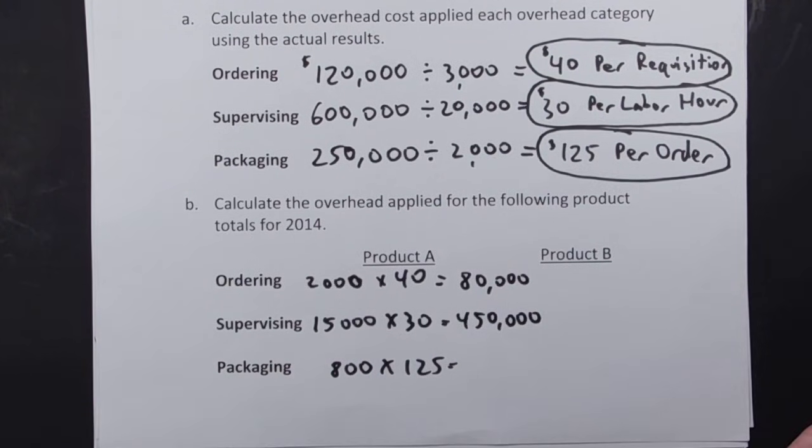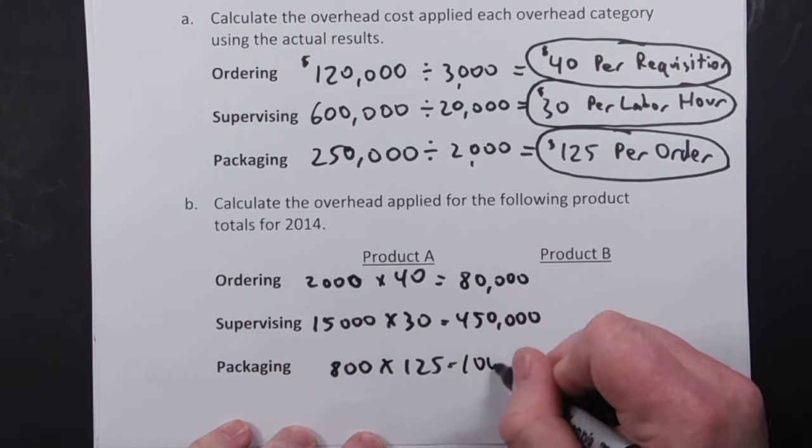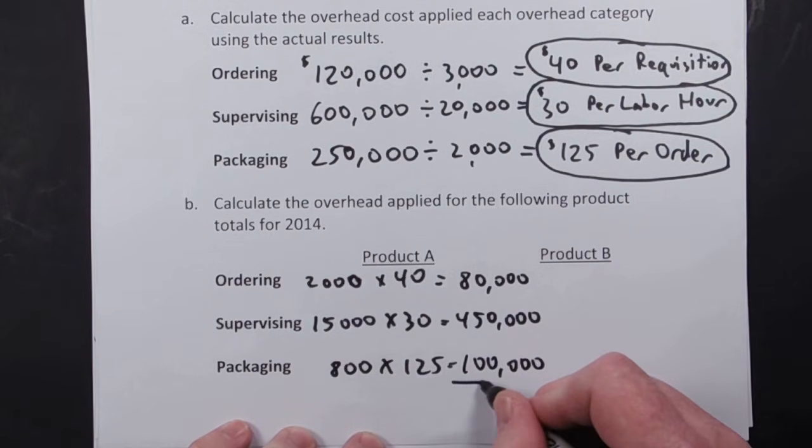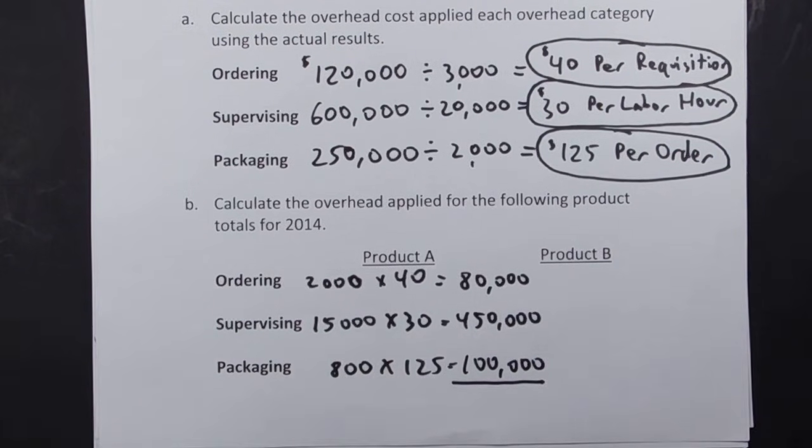And 800 times $125, this is 100,000. So our total is going to be $630,000. Just adding all those up.